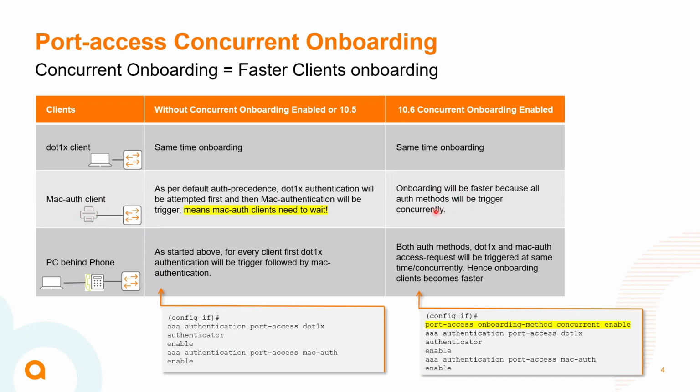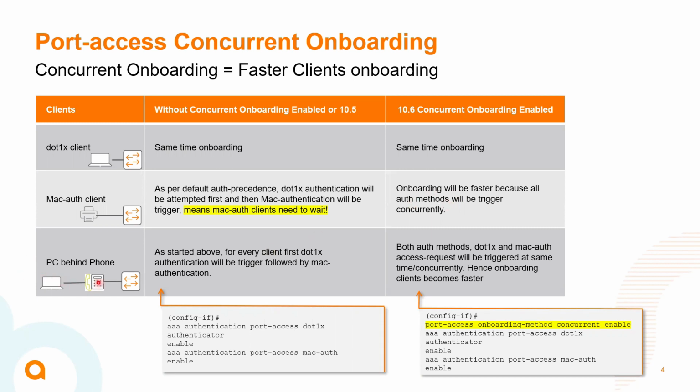Whereas in the case of concurrent onboarding, which is getting introduced in 10.6 and later, all the auth methods will be triggered concurrently. With that, whether it is .1x or Mac auth, both authentication requests are going to be triggered at the same time, in parallel. Hence, we'll achieve faster onboarding of clients.